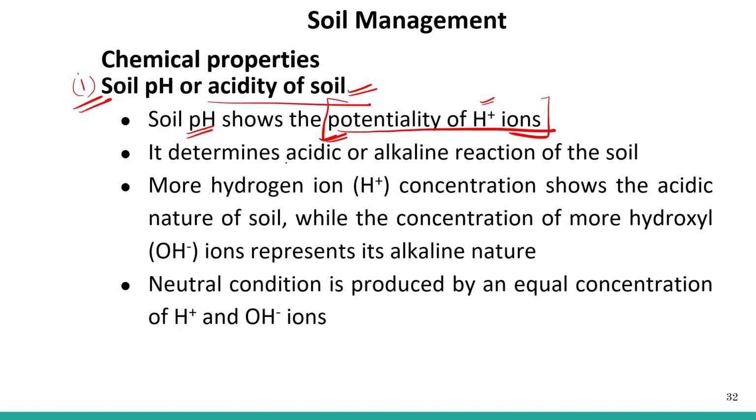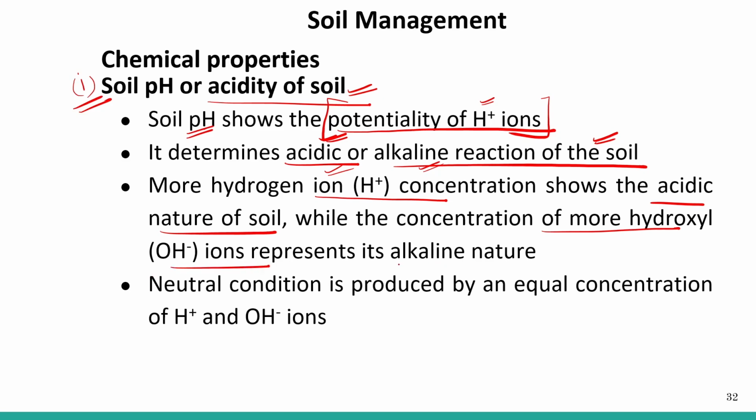It determines the acidic or alkaline reaction of the soil. Whether the soil is acidic or alkaline depends upon the pH of the soil. More hydrogen ion concentration shows the acidic nature of the soil, while a higher concentration of hydroxyl ion represents the alkaline nature of the soil, right?